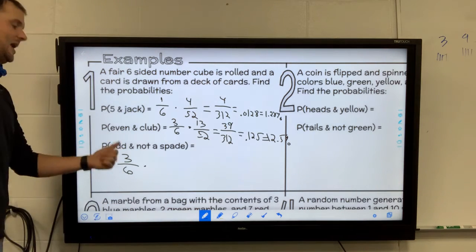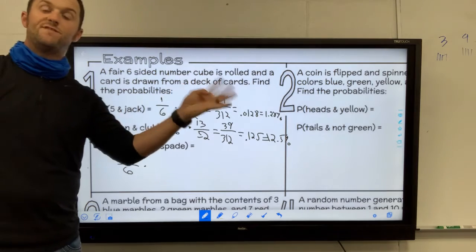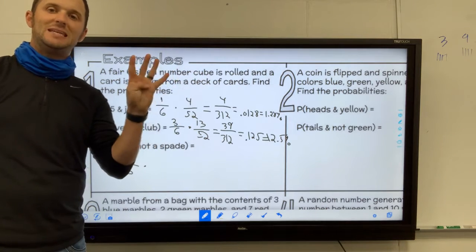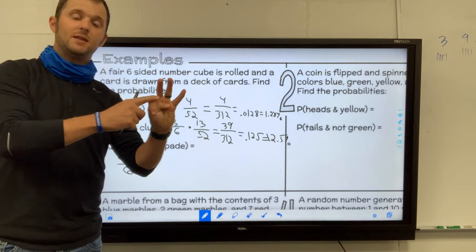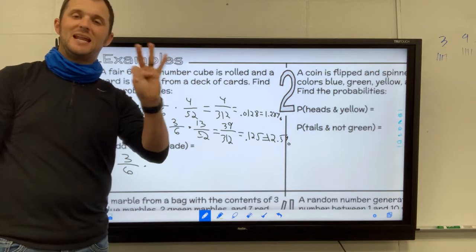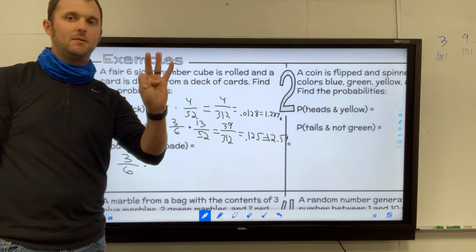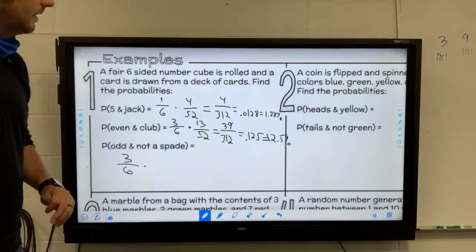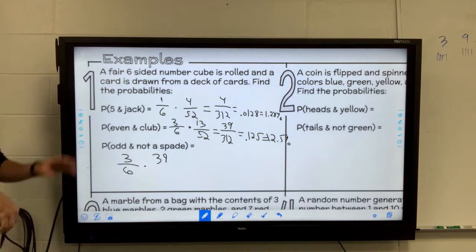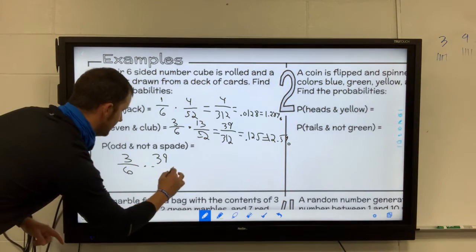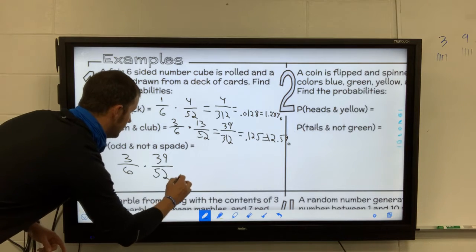And then it says not a spade. So again, there's 4 different suits in a deck of cards. If I take away the spades, that means there's 3 other ones that I can get. I can get a heart, a diamond, or a club, right? It's gonna give me a total of 39 cards. So there's 39 cards that are not a spade, and I'm gonna do that over 52 total cards.